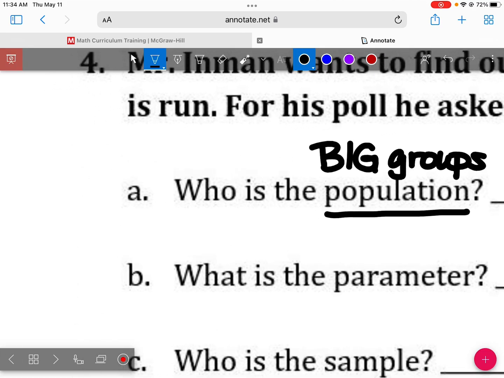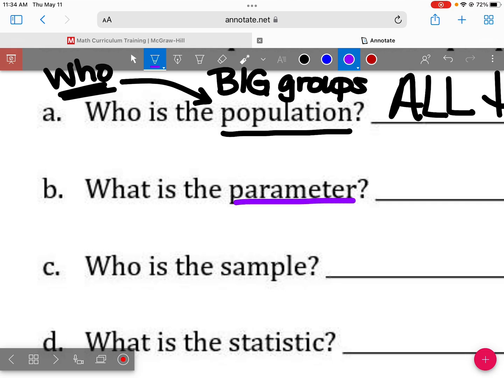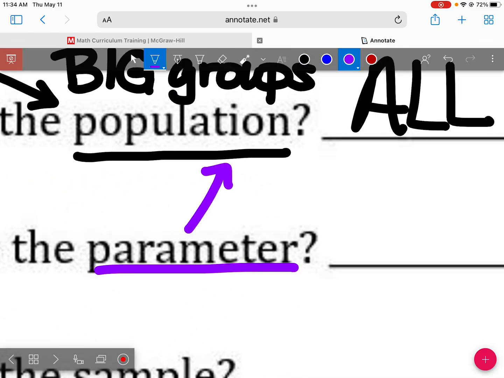So population, this is the who. Parameter is the what. What do we want to know about this population? What do we want to know about all the people who live in the district?